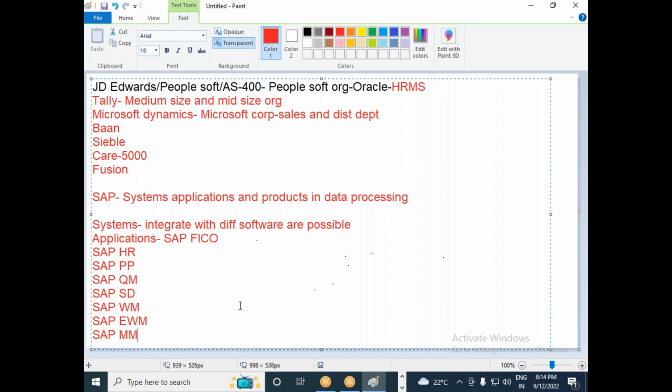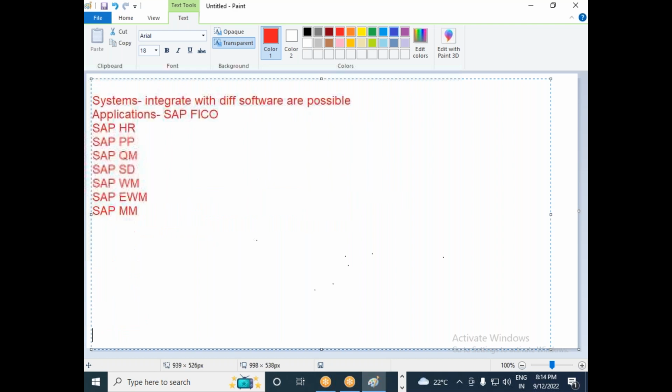Then what are the products? When I say product, SAP supports multiple products, right? When I say products, SAP will support the solutions for different industry sectors.